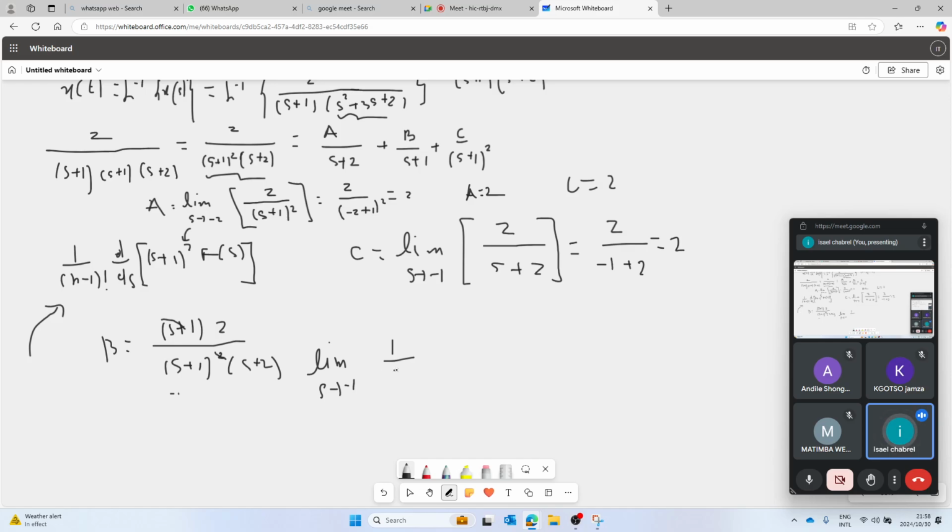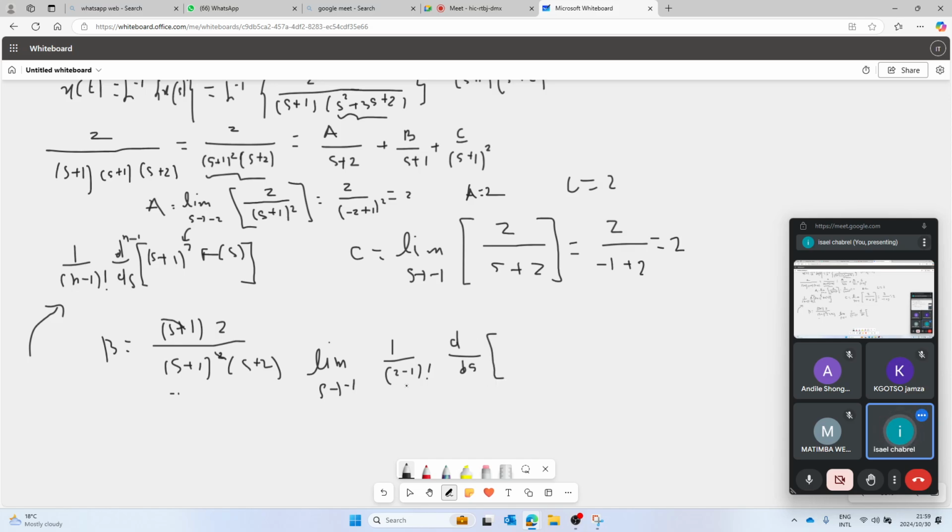So it's 2 minus 1 factorial, multiplied by the derivative with respect to s. Now n minus 1 is 2 minus 1, that's why it is only like this.